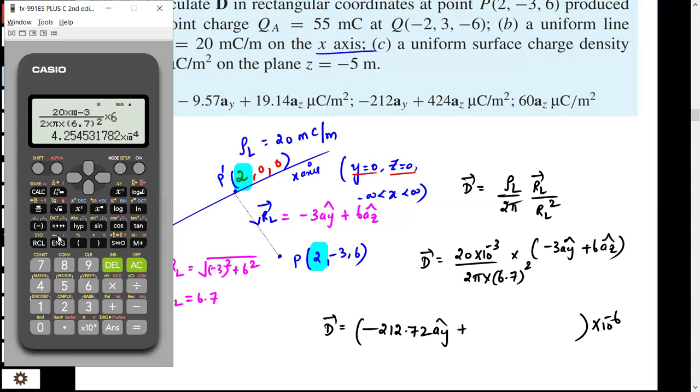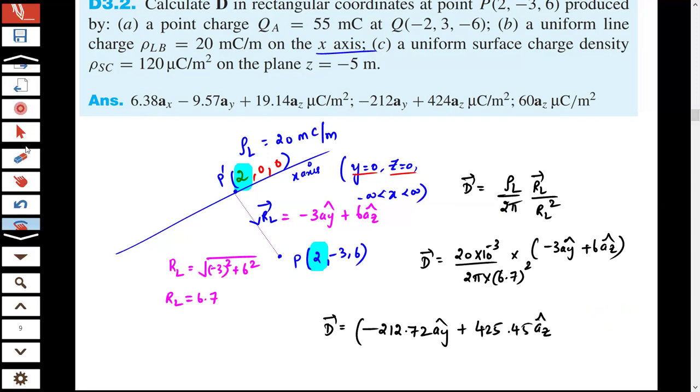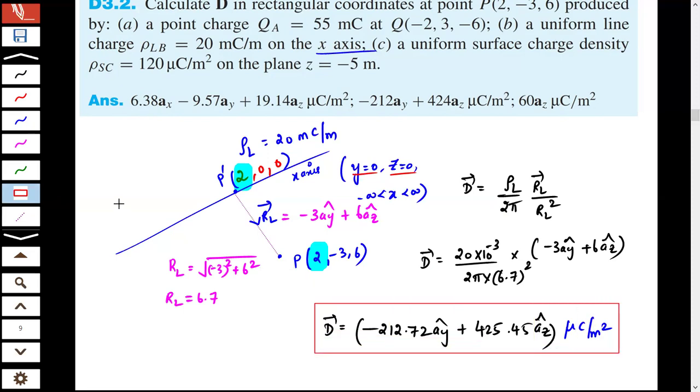So that gives 425.45 az component in micro. This entire 10 power minus 6 we can represent as micro coulomb per meter square. So this is the flux density due to the line charge as per the given question.